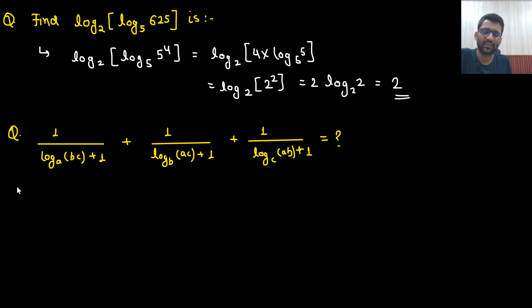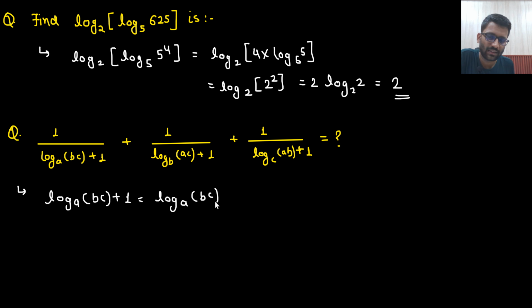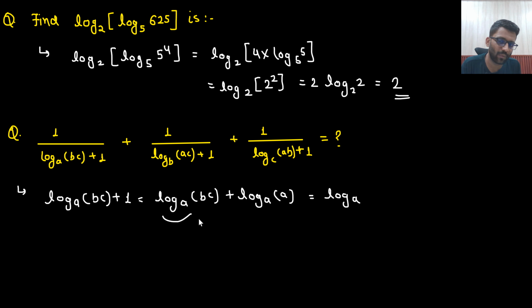Now this is very famous. Look what is written: 1 by log_a(bc) plus 1. Can I write it in this manner? log_a(bc) as it is and log_a a, because 1 can be written as log_a a, right? Now what can I do? The base is the same and both are in addition.